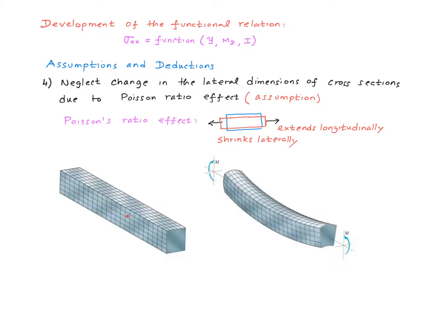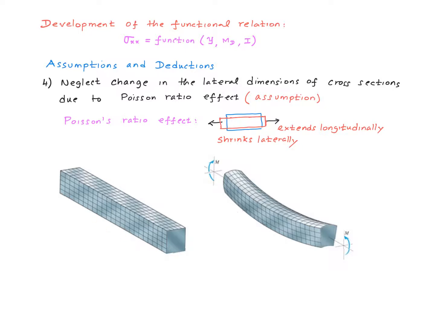Now let's take a segment of a beam and put a bending moment on it, pure bending. We'll see in a little bit that the fibers at the top will experience a compression. This compression will lead to a little expansion at the top of this cross section due to the Poisson ratio effect. The opposite will happen at the bottom.